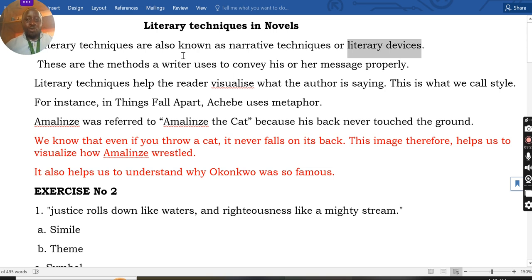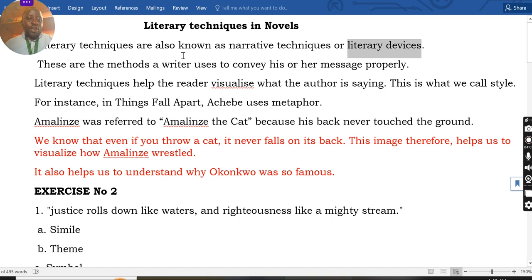When you cook, you use different spices to make very delicious food. Even for writers, it is like they are cooking, and those who eat the food will taste it. The food will be yummy and tasteful. So literary techniques are like spices, where writers use those devices to convey their message properly, and they also attract readers and make them enjoy the literary work.